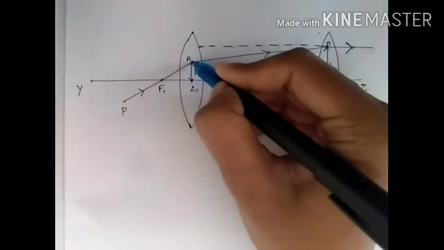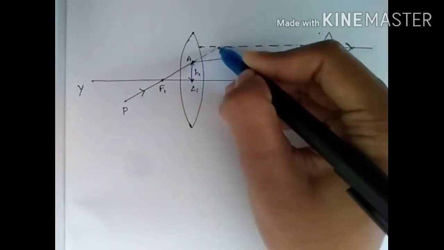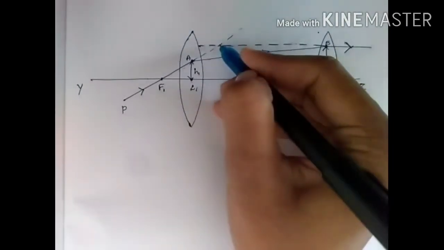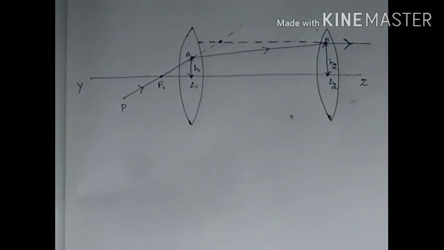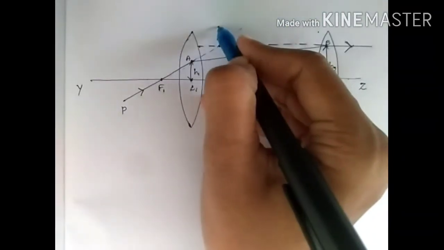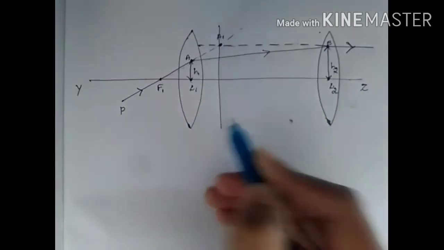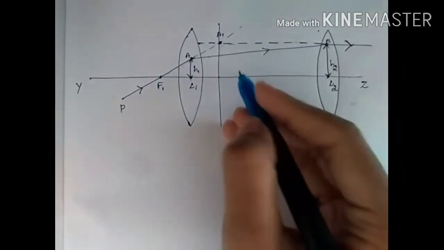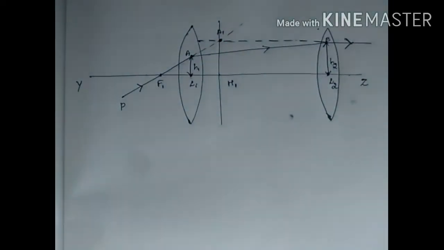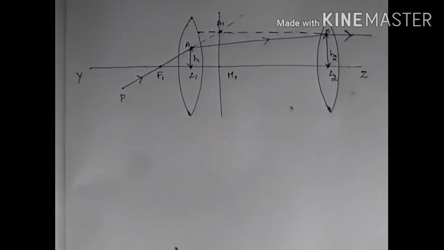This ray is the incident ray, and it meets here at this point, A1. If you draw the plane passing through the point A1 and crossing the principal axis at a point H1, then H1 is the first principal plane and H1 is the first principal point.